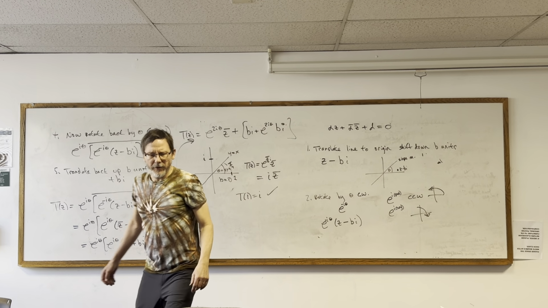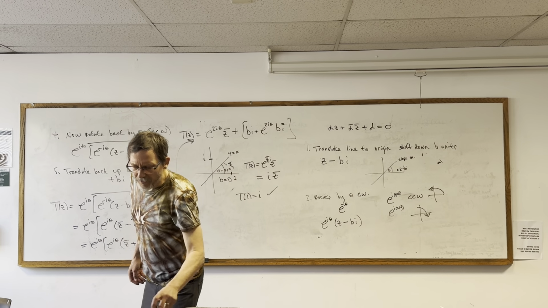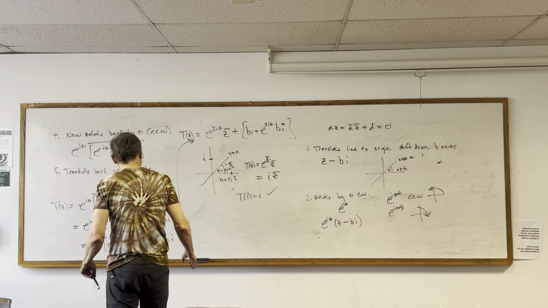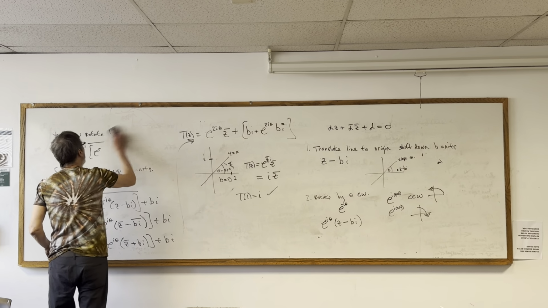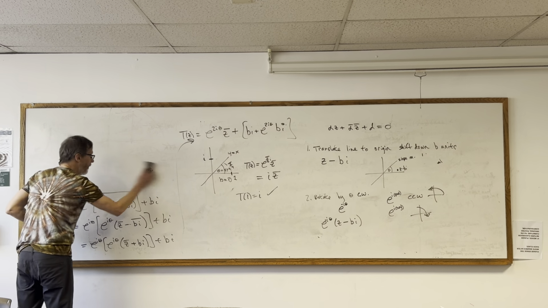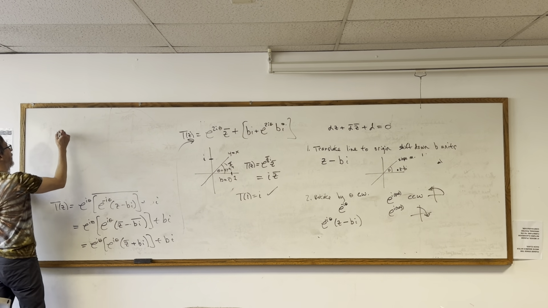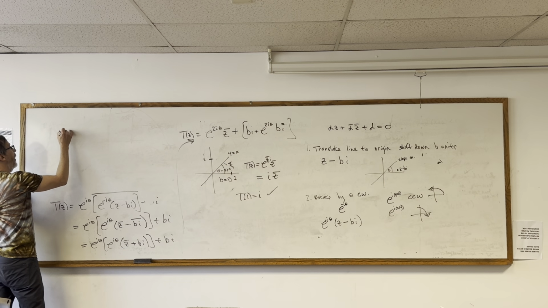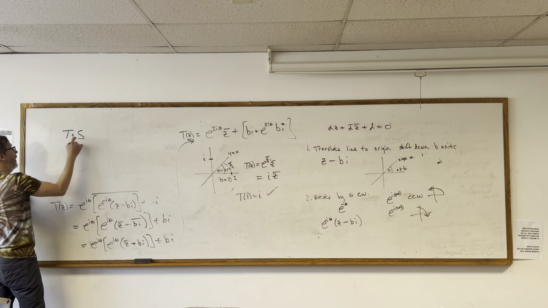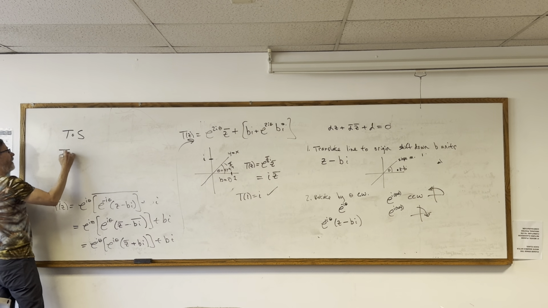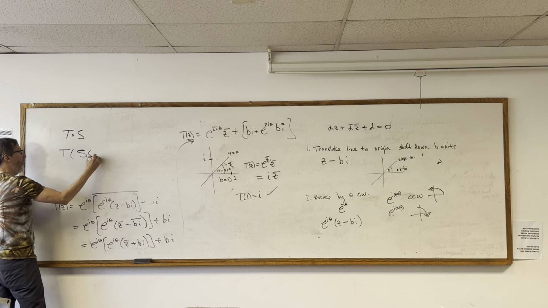What problem is that, Olivia? 3.114. 3.134. So you've got a problem where they give you a couple transformations and they ask you to find the composition of those functions.